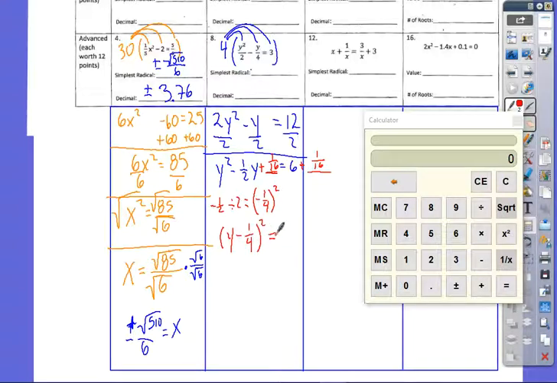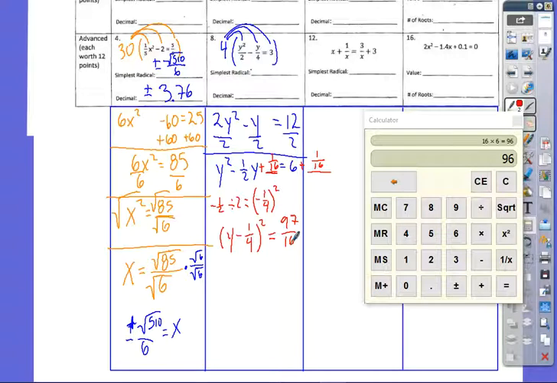And that is going to equal 6 plus 1/16. I know that 16 times 6 is 96 plus the 1, so we have 97 over 16. Is everyone with us so far?